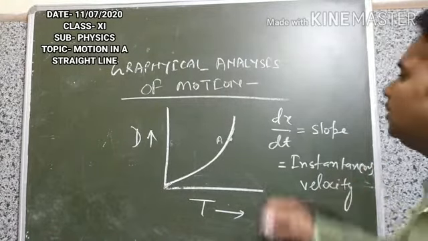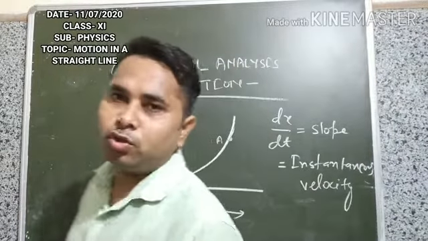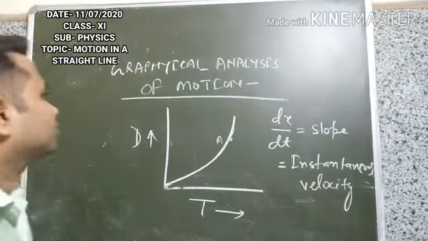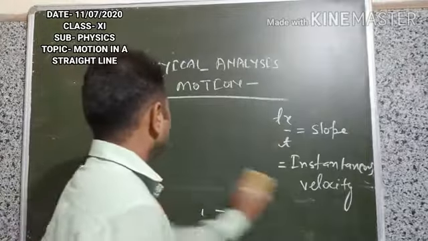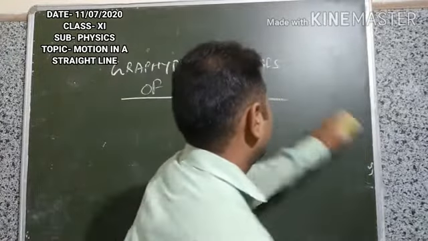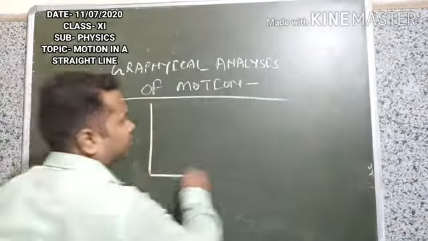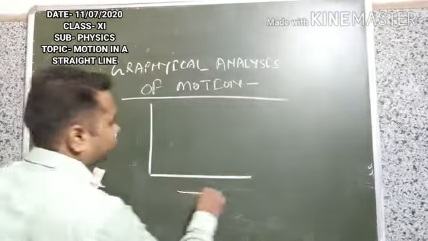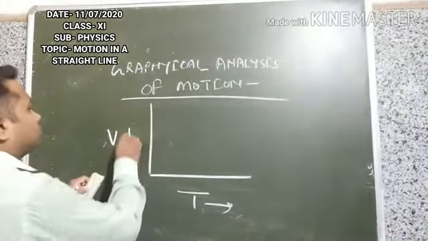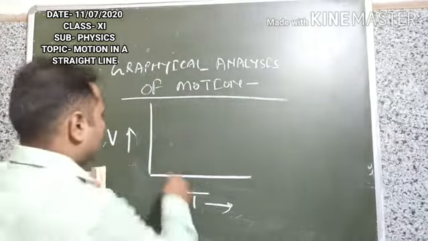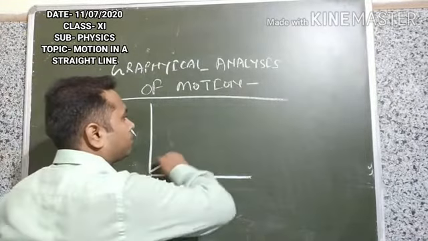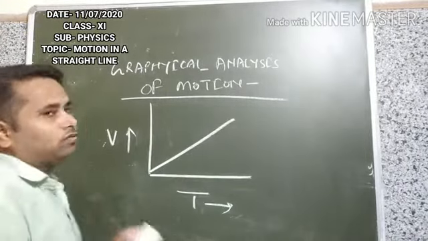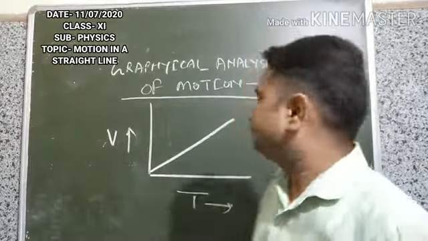So this is about the position time graph for uniformly accelerated motion. Now see for the velocity time graph. In the velocity time graph, when the graph line obtained is a straight line, it shows uniformly accelerated motion.